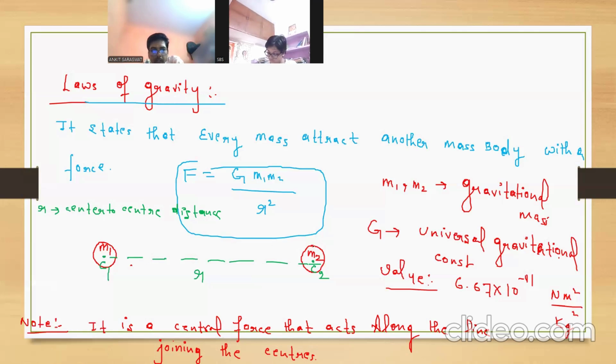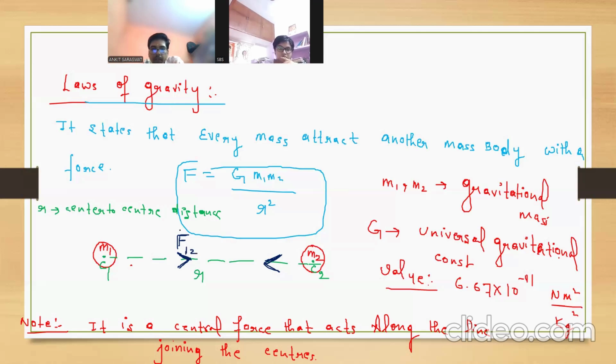Along this. Now please tell me, this M2 will attract this M1 in which direction? Like this. Okay, it will apply force like this. Similarly, M1 will attract this M2 like this. Then here we write F12, force acting on 1 due to 2.